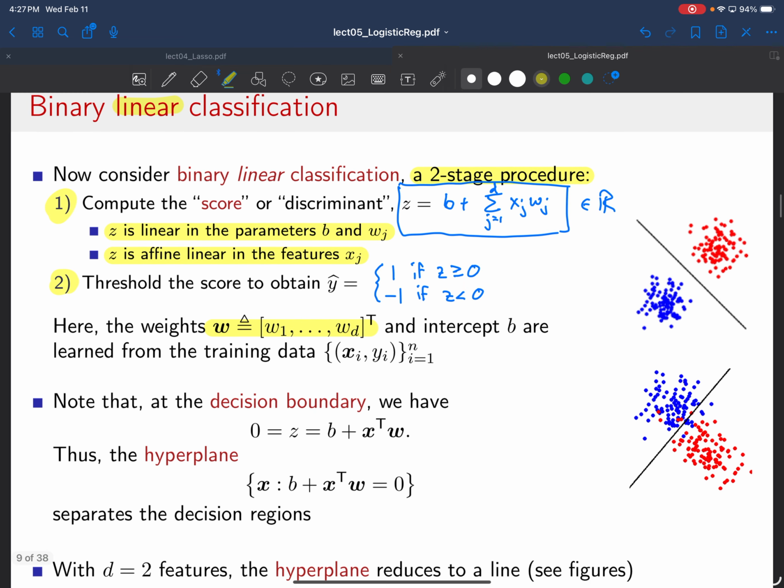So let's now think about the decision boundary that this kind of classification procedure implies. If you look at this equation, you notice that the boundary, the place where you switch between y hat as 1 and minus 1, is exactly when z equals 0. So when z equals 0, that's the decision boundary. But also we have this equation for z above. We can think of this as b plus x transpose w, so we can write it like this.